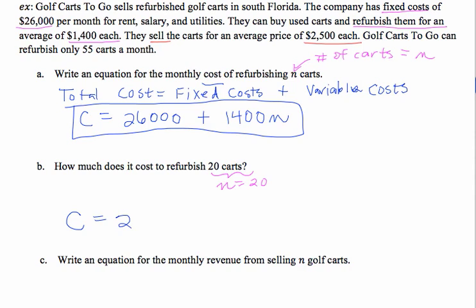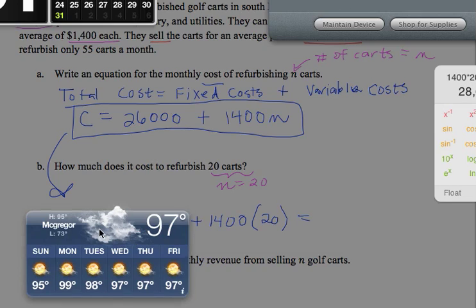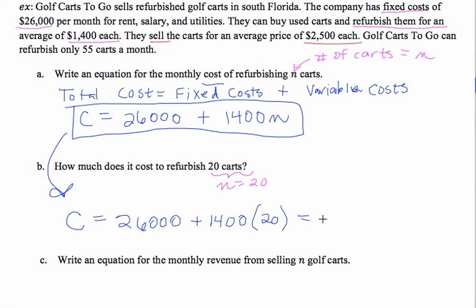So it'd be plugging in N equals 20 right here. 26,000 plus 1,400 times 20. And this is where you would get out your calculator. 1,400 times 20 is 28,000 plus another 26,000 is 54,000. Wow.